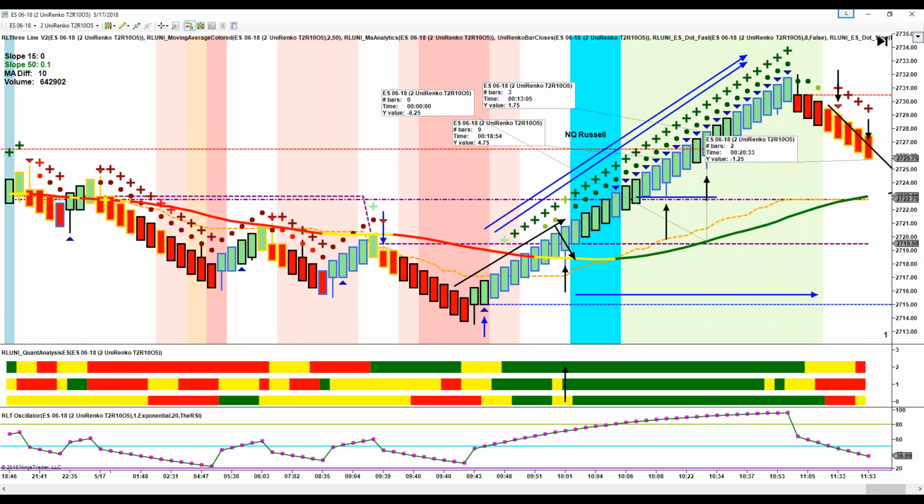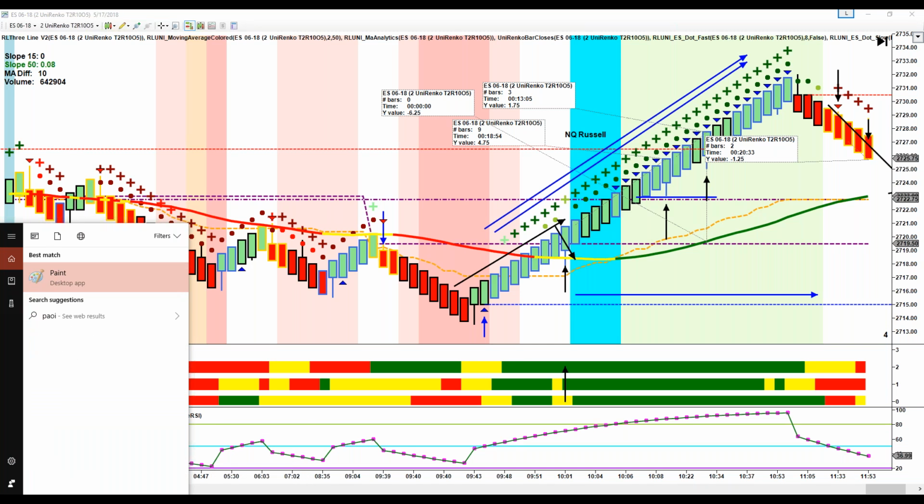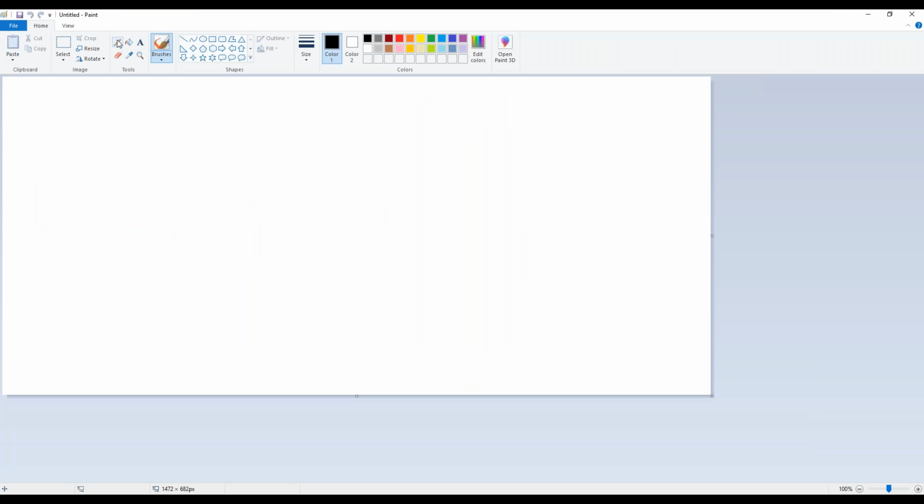So let me find the paint thing again, if I can. Let me just put that back up. So if this is our 50, and actually I can't keep this 50 flat because it's going to be hard.